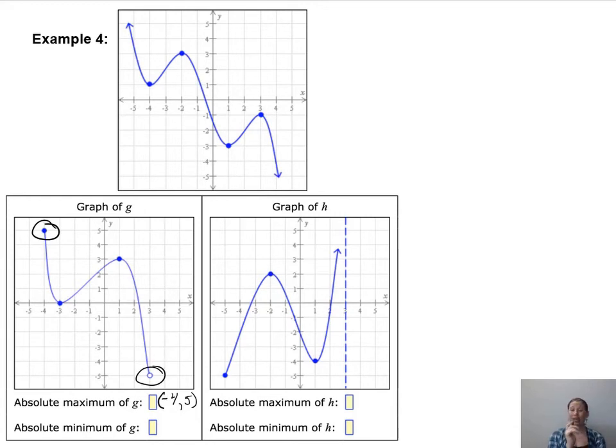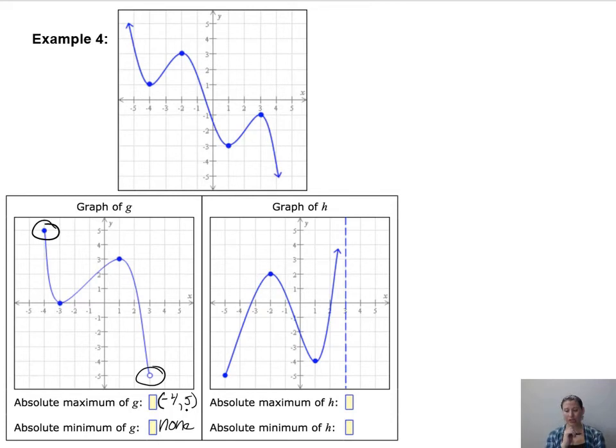We can't actually identify a point where it stops going down, because it's always getting closer and closer to that three, negative 5 point, right? So that means that there is not an absolute minimum for graph G. Okay, that will be an option sometimes.